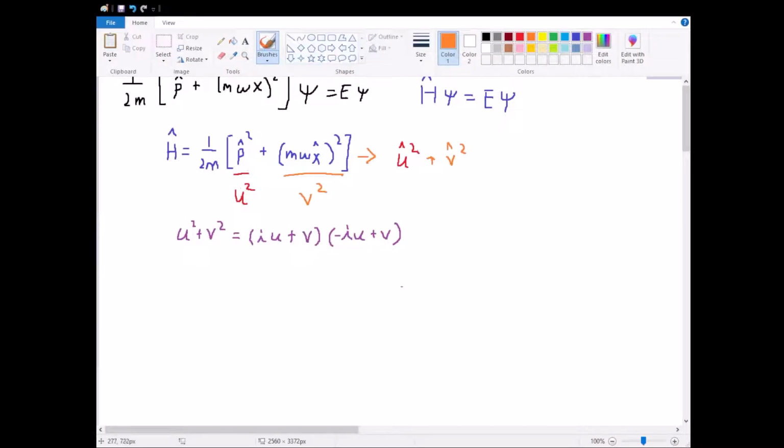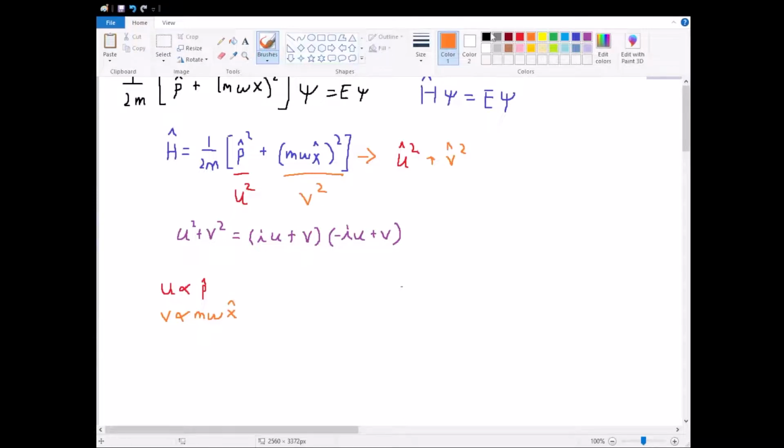But for now, let us define two new operators. We'll call them a hat plus minus. So these are going to be the idea of using these sorts of multiplications. Let's say that u corresponds to p hat, and let's say that v corresponds to m omega x hat.